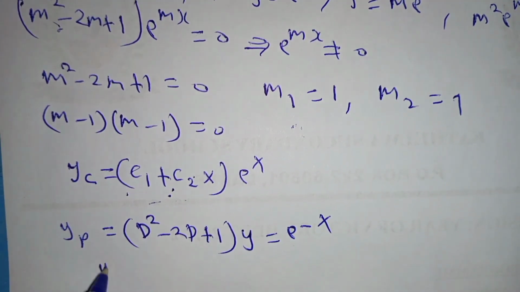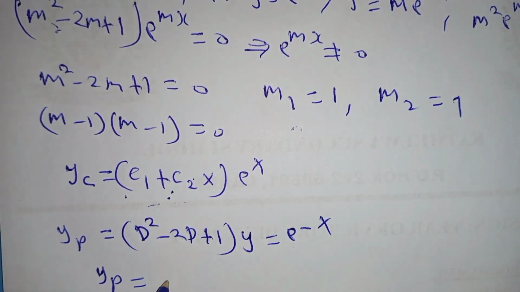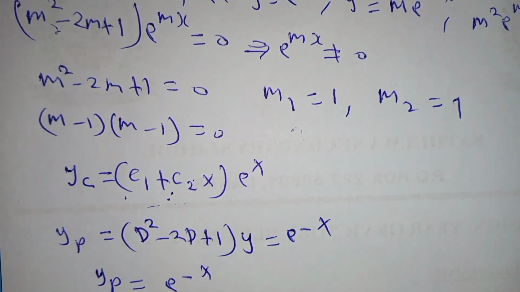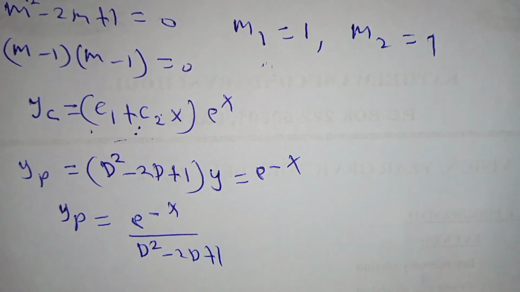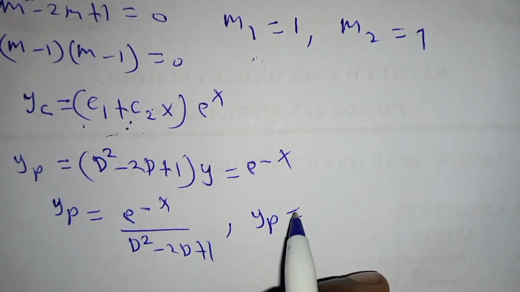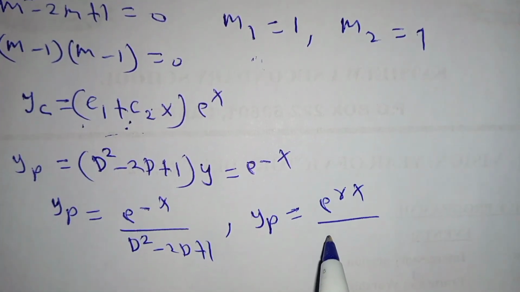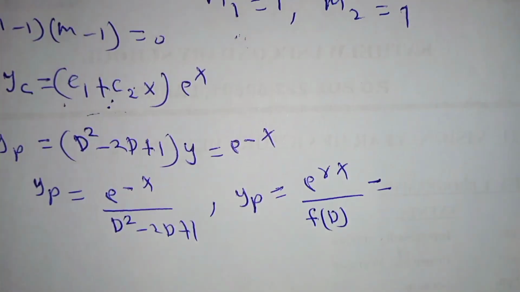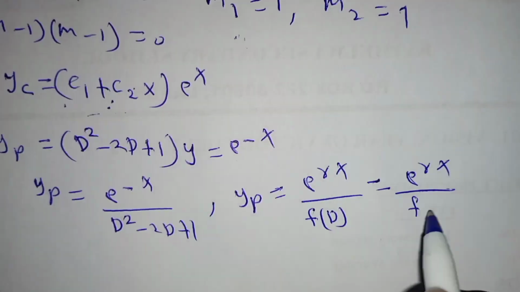From here, yp is equal to exponential negative x divided by d squared minus 2d plus 1, using the fact that when you have yp equal to exponential rx divided by f of d, this is the same as exponential rx over f of r.